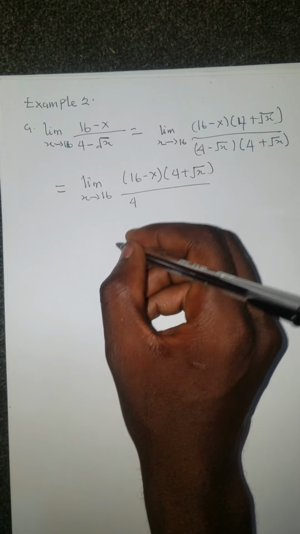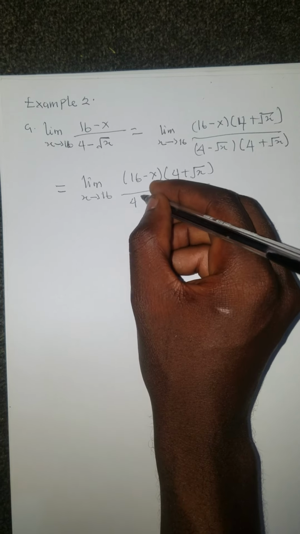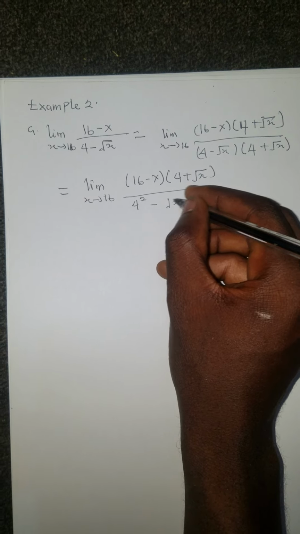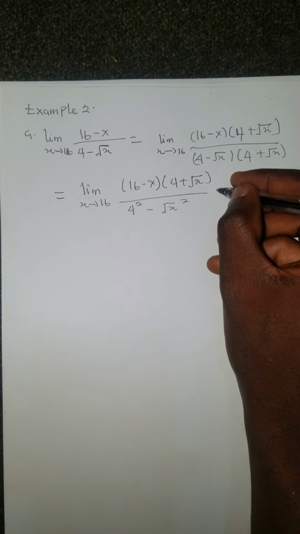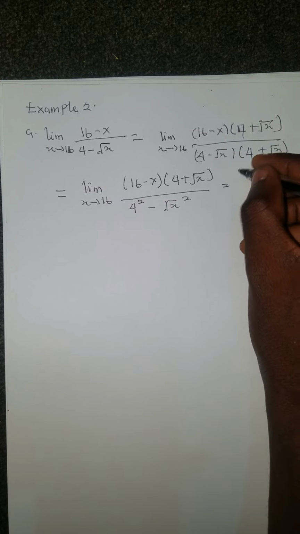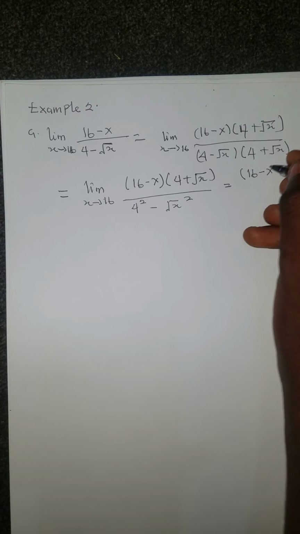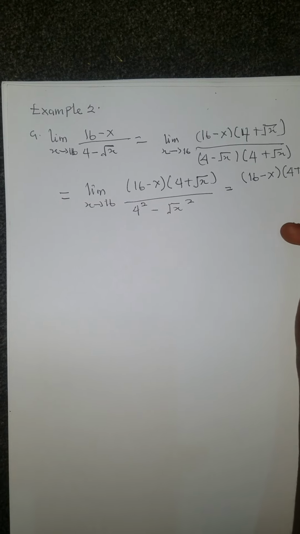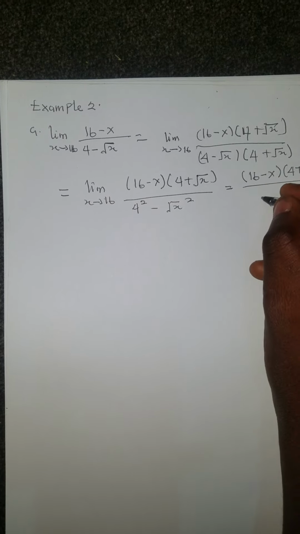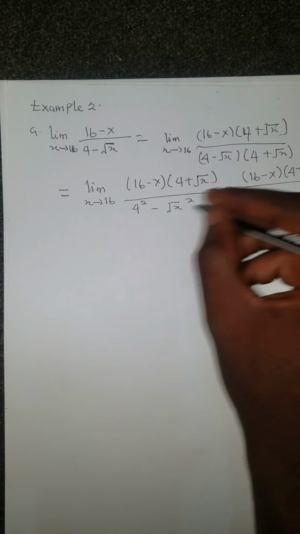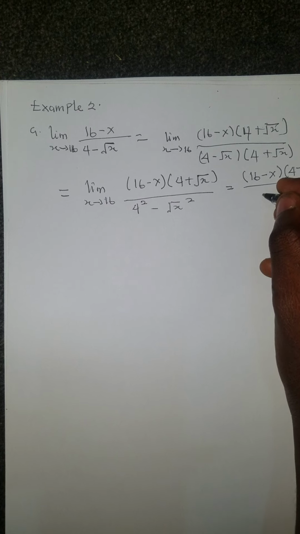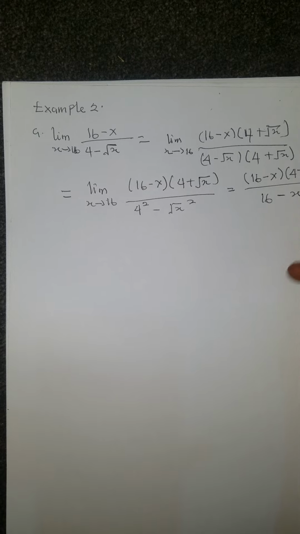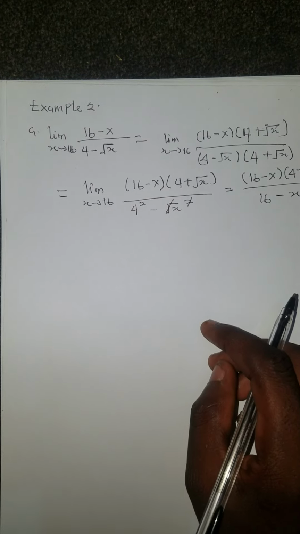You pick the term with the negative side, square both terms, and then root of x also squared, and this will give us 16 minus x, 4 plus root of x, all over 16 minus x, because this will cancel out this.